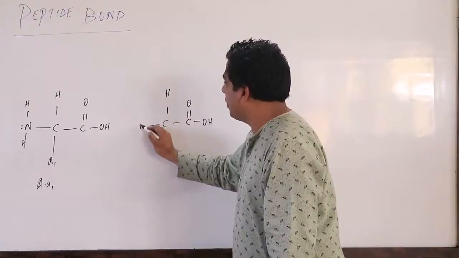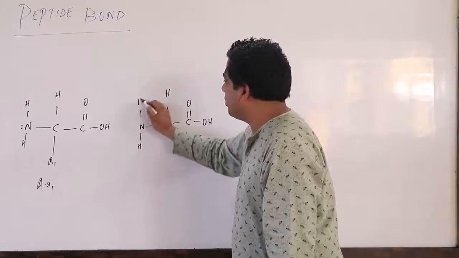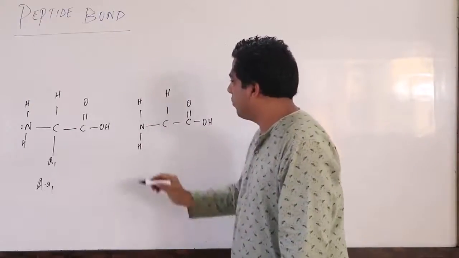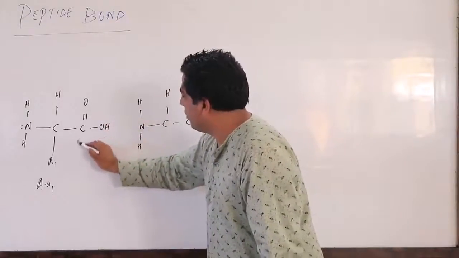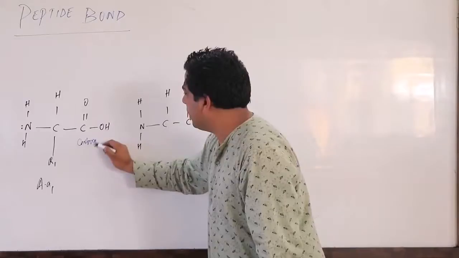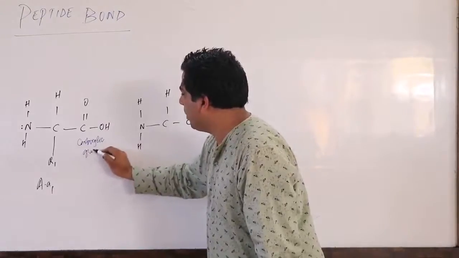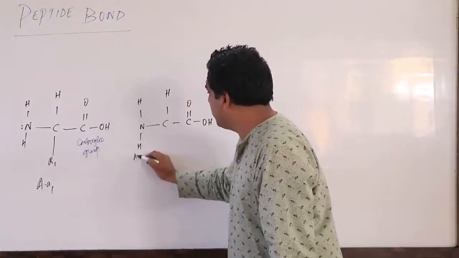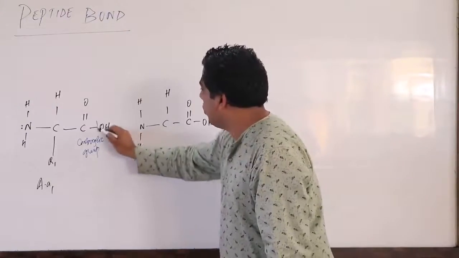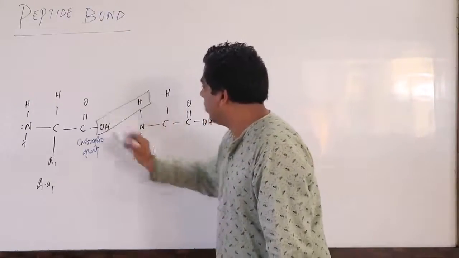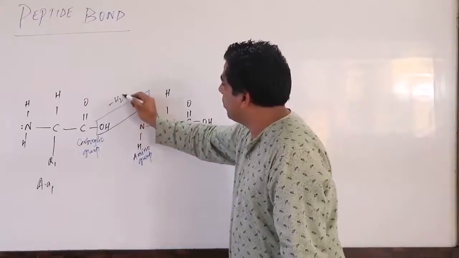Then finally I will write down here N, H and H. And even it has a lone pair. So don't worry. Carboxylic group, I told you just now, this is carboxylic group of one amino acid. And this is basically the amino group, NH2 group. So OH from here and H from here will be lost. So there is a loss of water molecule.